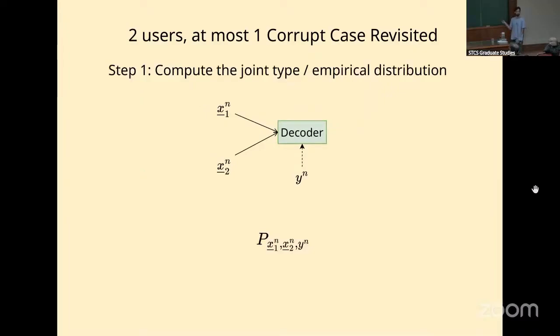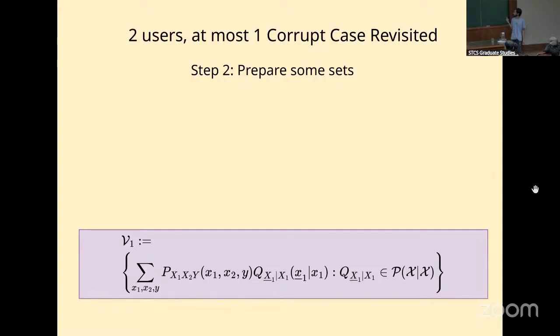So this is the algorithm. In the first step, the decoder receives the sequences x1 bar, x2 bar, and y from the two parties and its side information, and computes the empirical distribution p of x1 bar, x2 bar, and y. In the second step, the decoder prepares some sets.